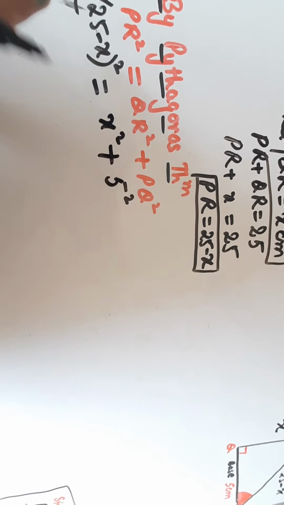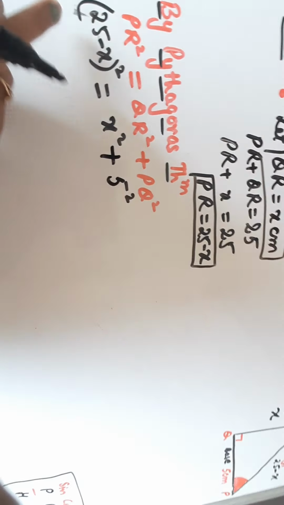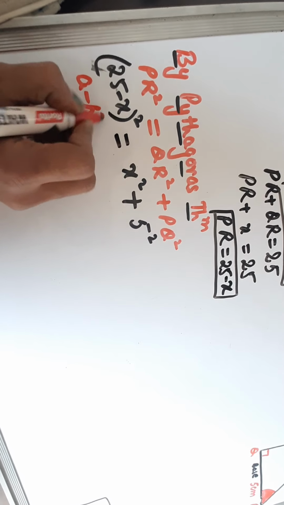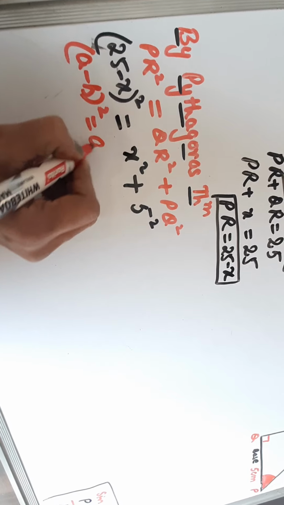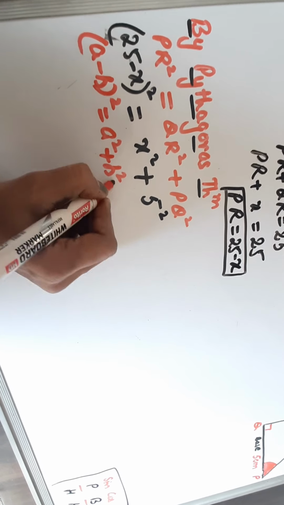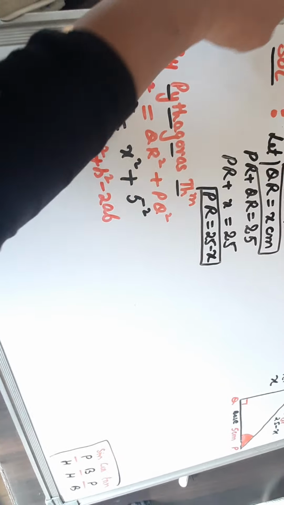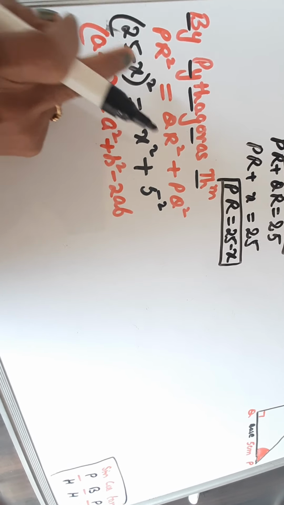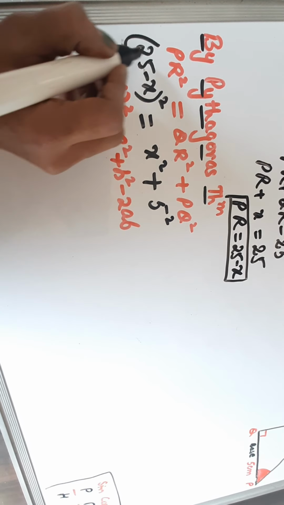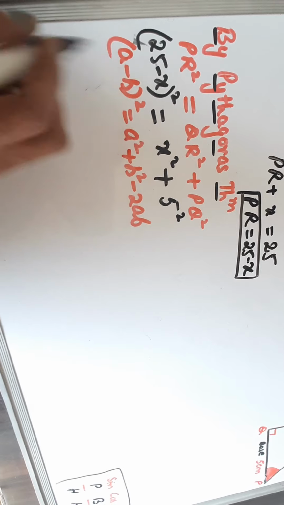Now as it is a whole square, we have to apply the algebraic identity a minus b whole square. So what is that identity? A minus b whole square is equal to a square plus b square minus 2ab. So this identity we are going to use on this bracket where a is equal to 25 and b is equal to x.